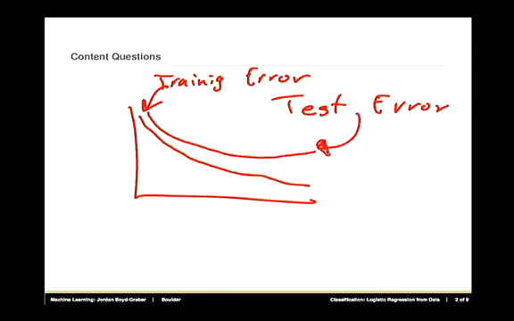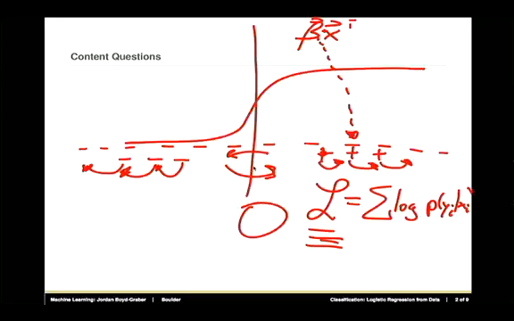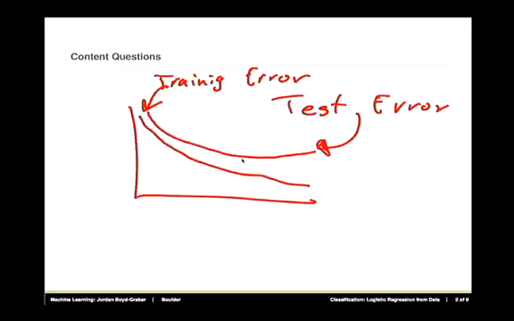And so regularization can help you stop a little bit earlier, so that you get test error of here rather than out here. So the regularization can stop you before you go chasing these crazy probabilities.